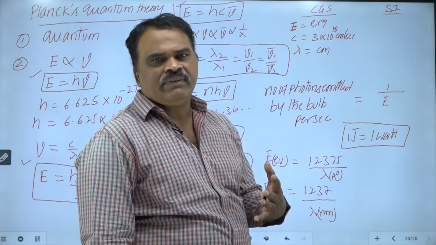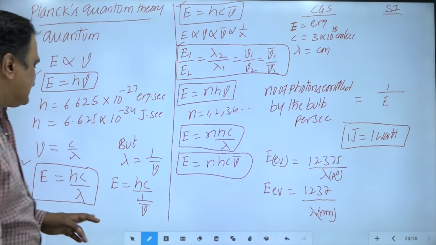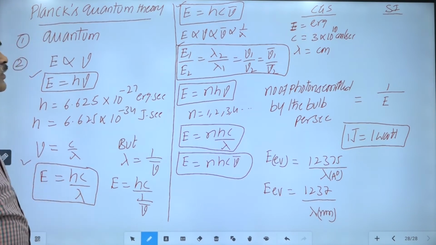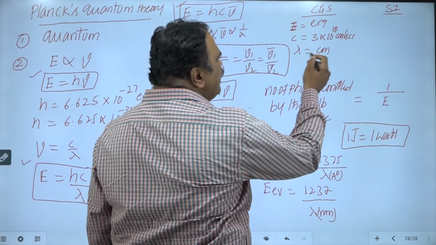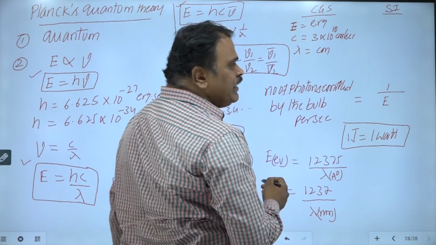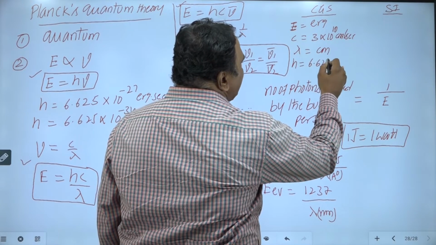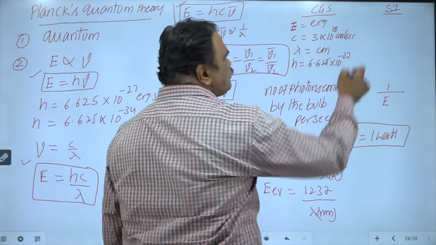If wavelength is given, to find energy, the formula is E equal to hc by lambda. If energy is in erg, c must be in centimeter and wavelength must be converted into centimeter. h is equal to 6.625 into 10 power minus 27 erg second.